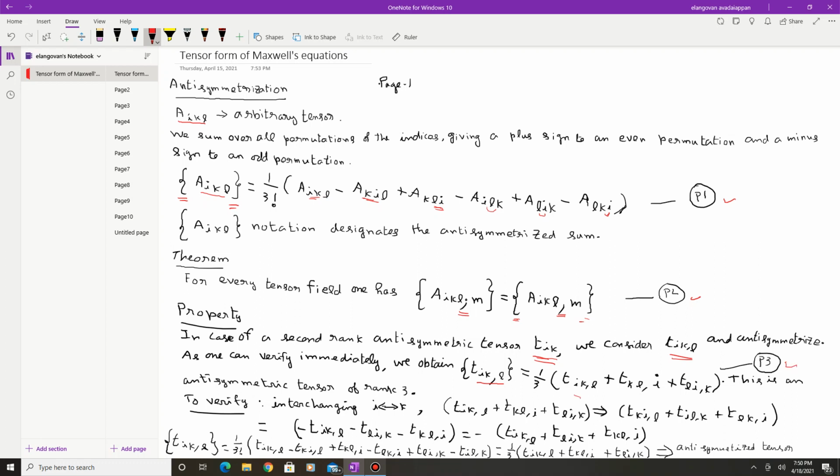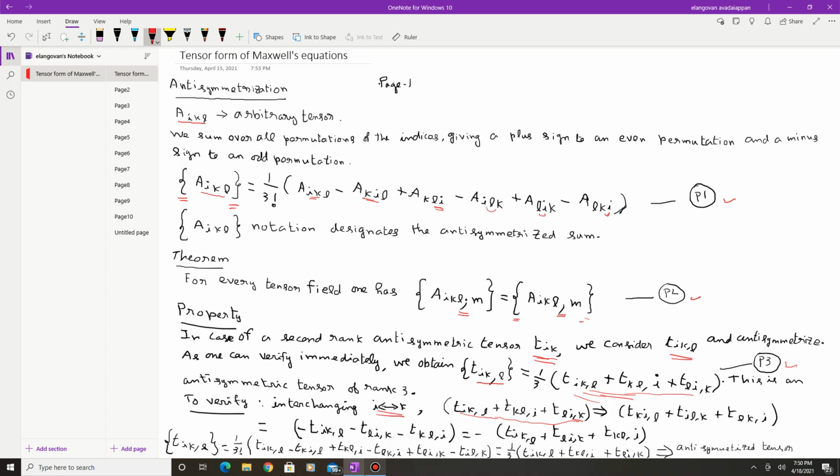This can be easily proved. Consider the term T_ik comma l plus T_kl comma i plus T_li comma k. Now you interchange i and k in this expression. Since the tensor is anti-symmetric, interchanging gives a negative sign.